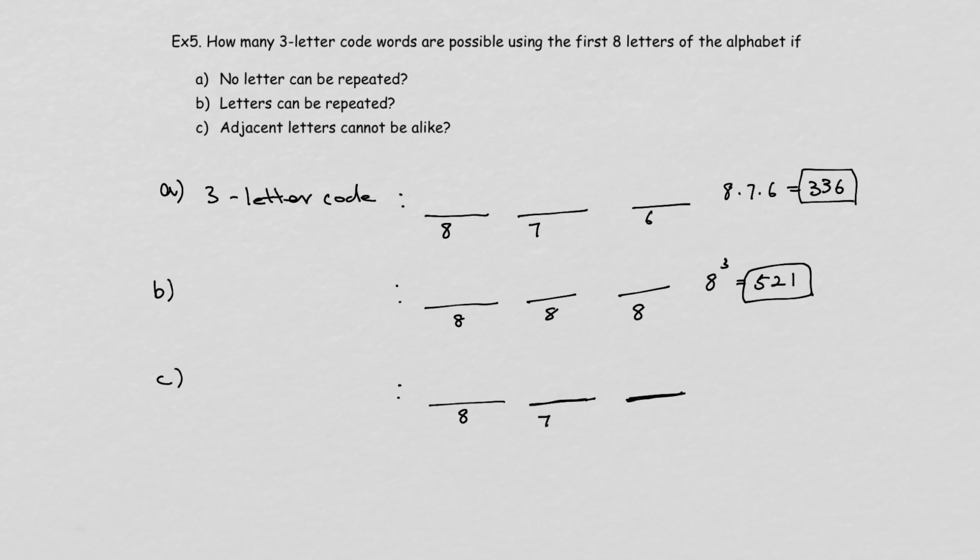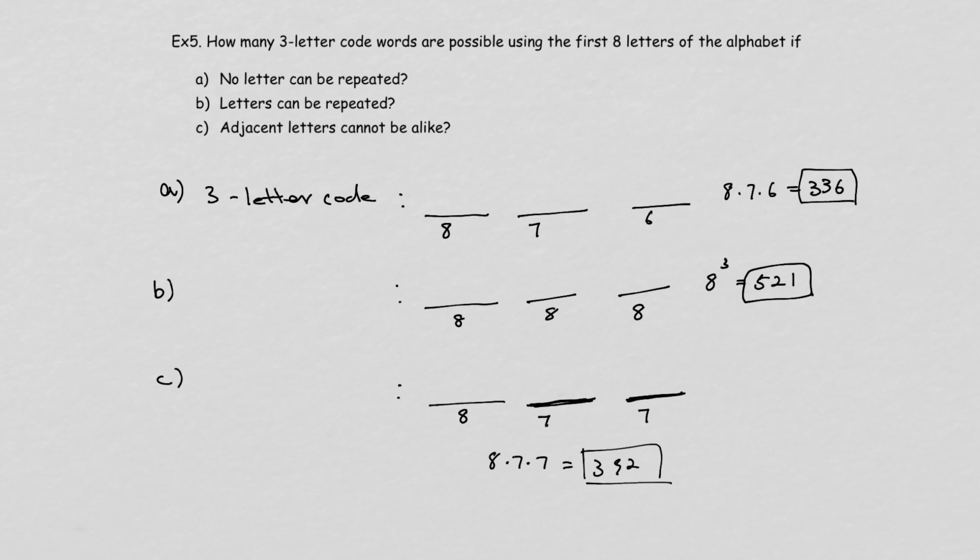But this one cannot be the same as the second one, but can be the same as the first one, right? So that means I only cannot pick this one letter, so you still have 7 options. So when you multiply that, it will be 8 times 7 times 7, so you get 392 possible code words.